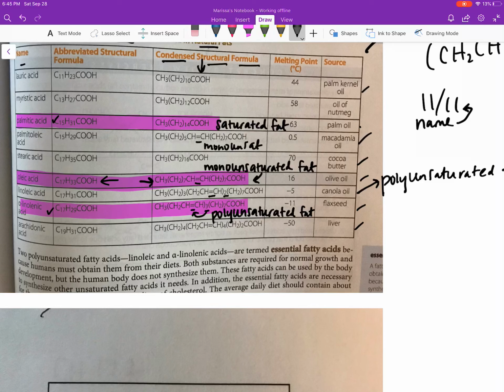Hopefully this will help you with the Sapling homework as far as writing in what they're looking for.